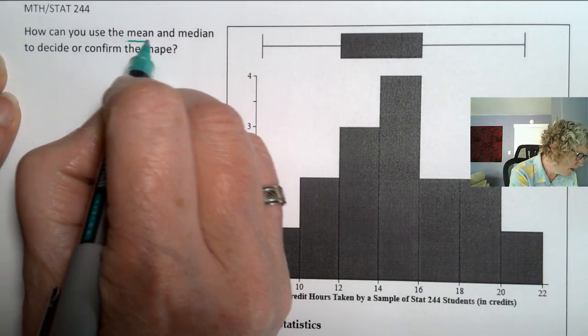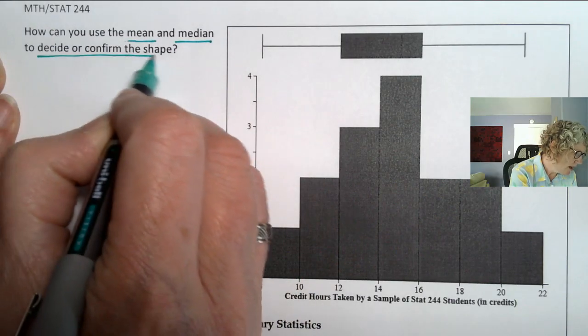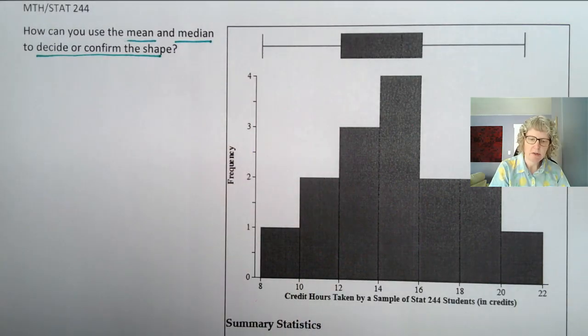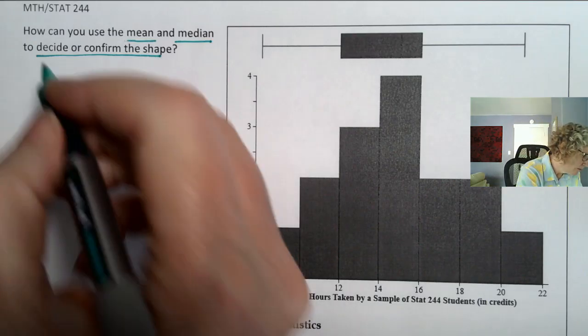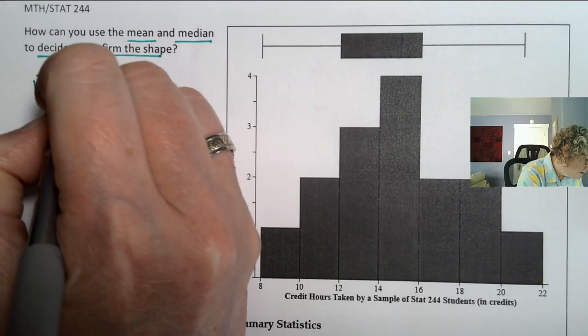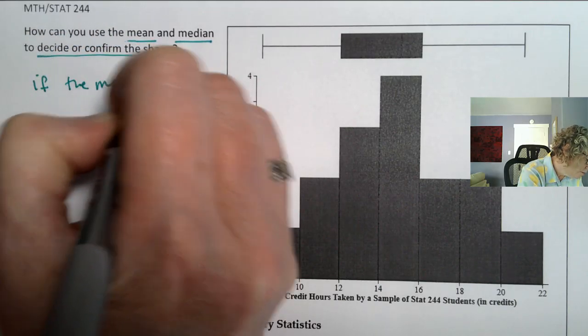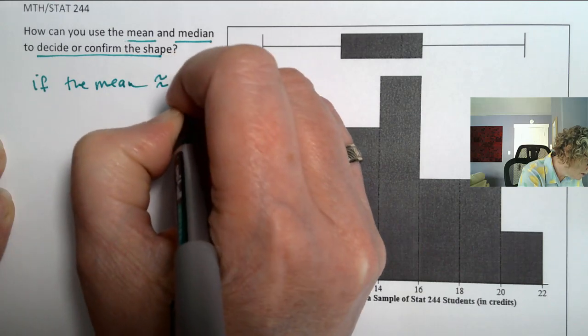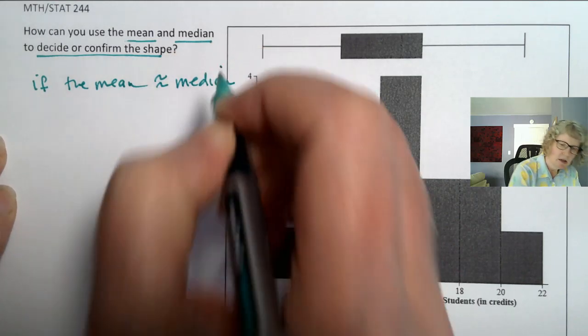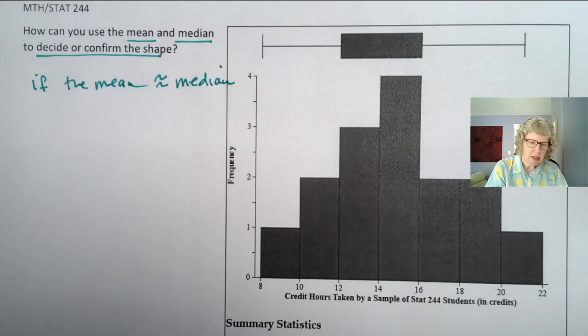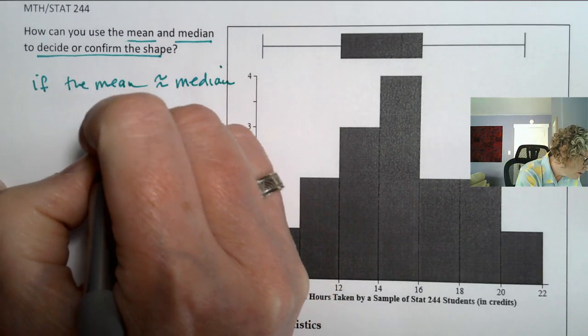How can you use the mean and median to decide or confirm the shape? Okay, so remember, if the mean and median are close, then you can say it's pretty symmetric. The mean is approximately equal to the median, it's symmetric.